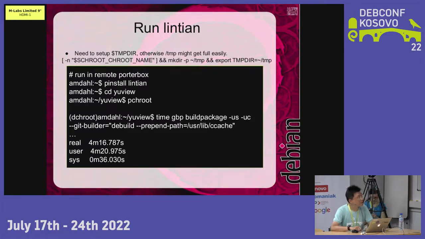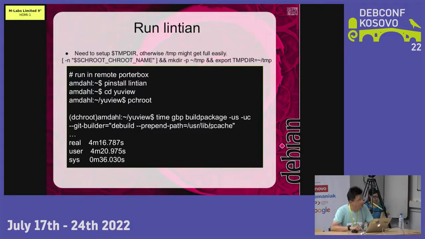The next slide is about Lintian. First, I need to install Lintian, and after installing it, gbp buildpackage will invoke Lintian by itself.